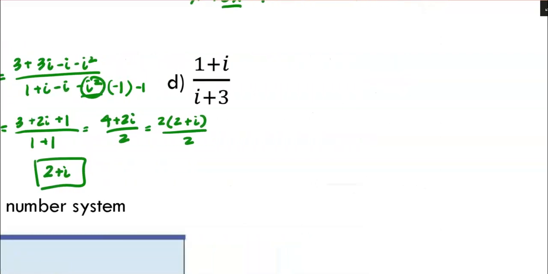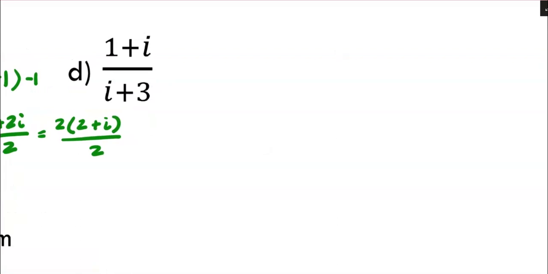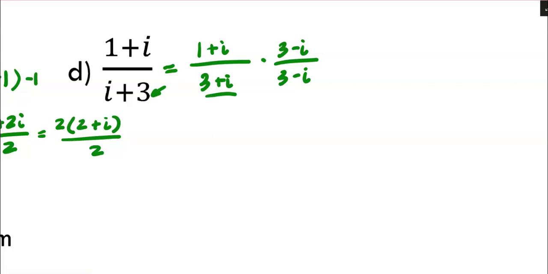Okay. For D, I'm going to rewrite this, because what I see down here is that it's not in its proper form. 3 plus i multiplied by 3 minus i over 3 minus i. That is the conjugate. Okay.